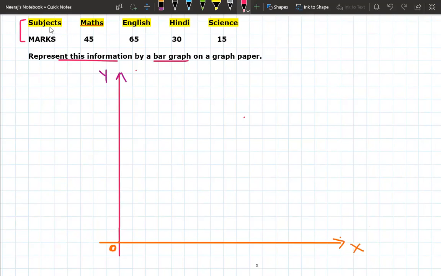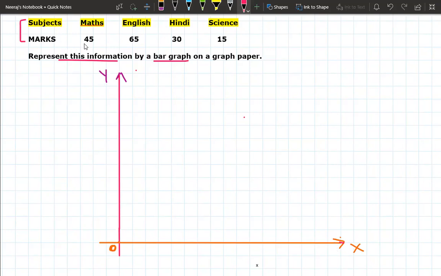But the question arises: which category goes on which axis? You know that one category always depends on another category.